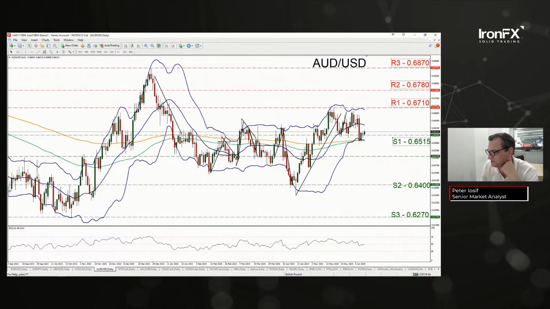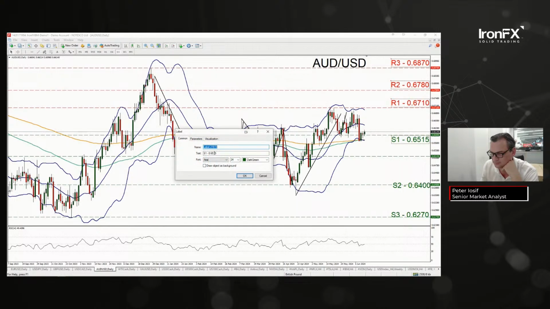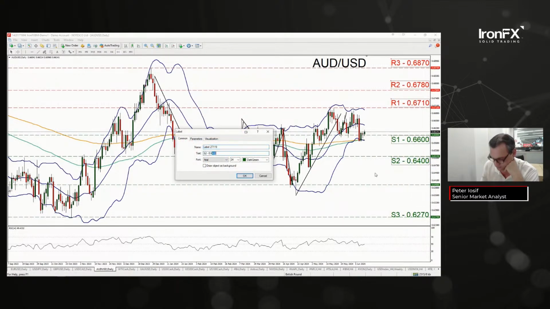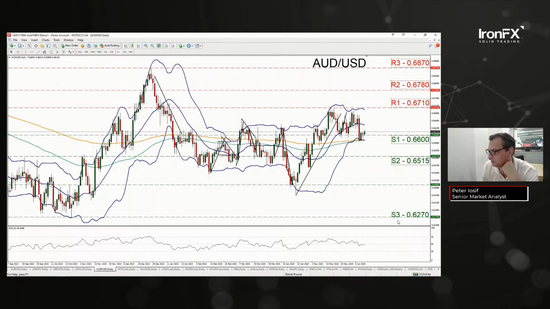The S1 at 0.66. The S2 at 0.6515. And the S3 at 0.64.